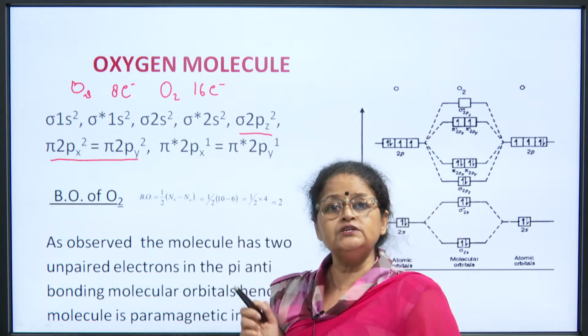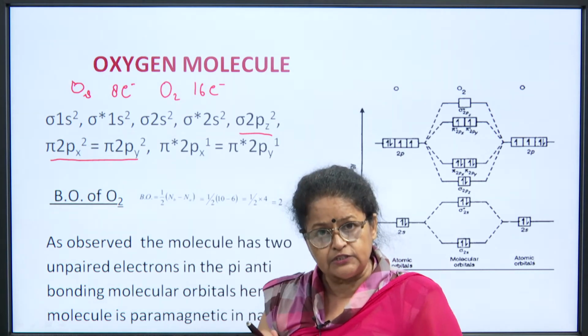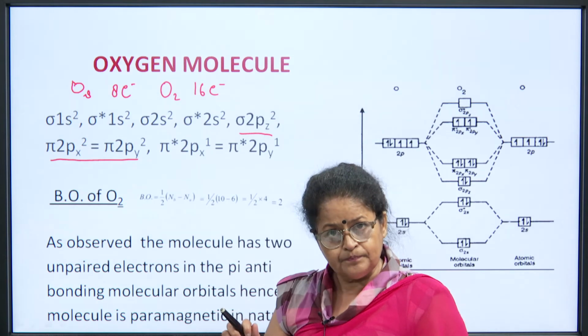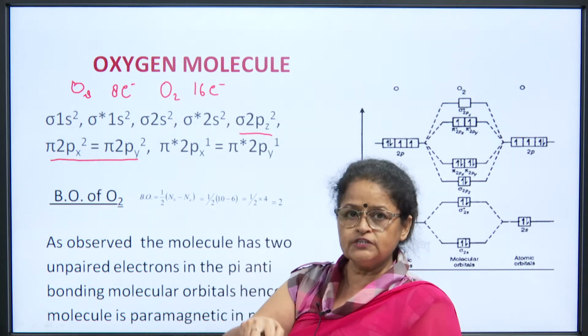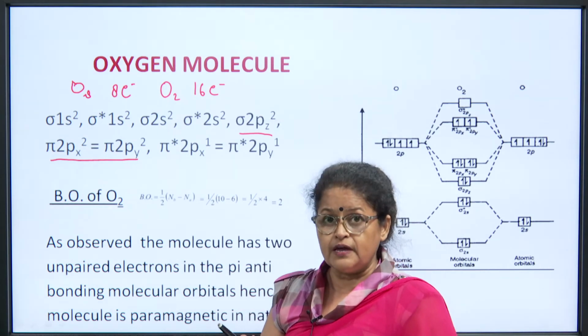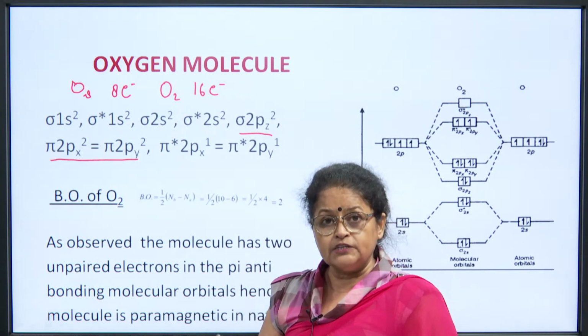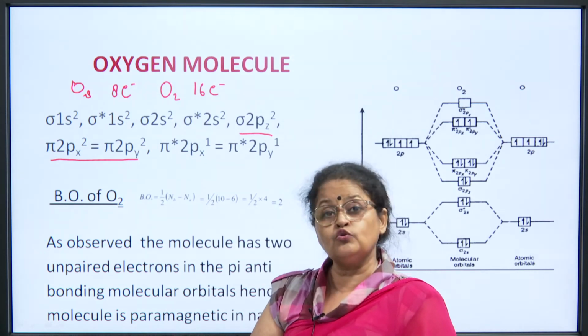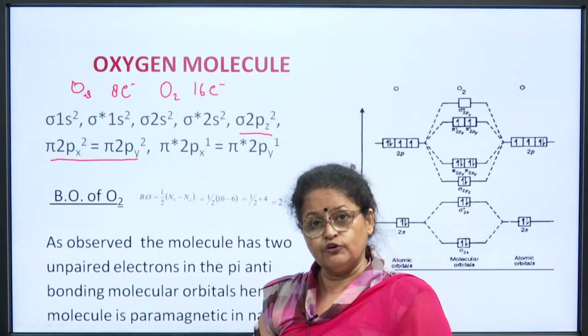Now, since both these orbitals are equal in energy, they will first be occupied singly, and if an extra electron is added to it, then the pairing will take place. We all know that very well from the previous knowledge. That means Hund's rule, Pauli's exclusion and Aufbau's rule, according to which the MOs are also filled.